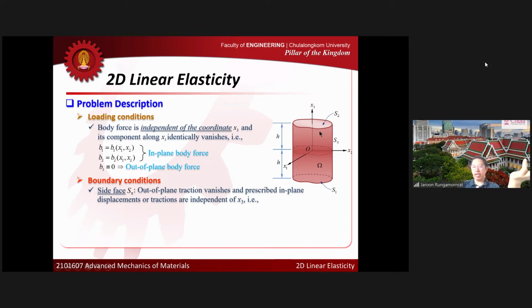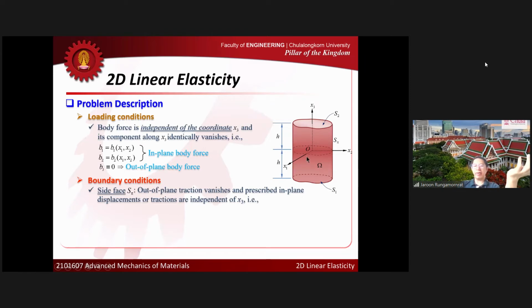At any point on the side face, we cannot have loading applied in the third direction, the x3 direction. The out-of-plane traction has to be 0 at every point on the side face.